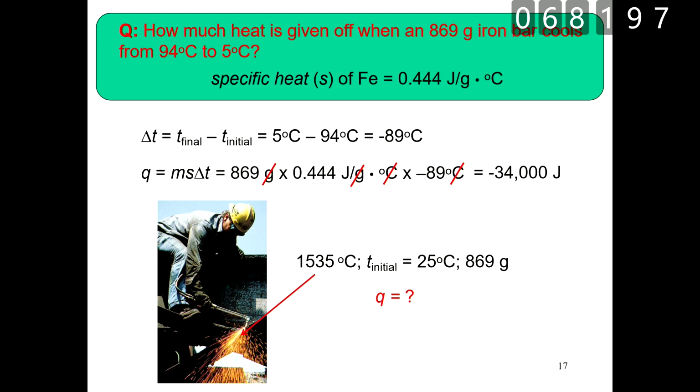Okay. The formula is Q is equal to MS times change in temperature. Q is heat. M is mass. S is the specific heat constant of the substance.